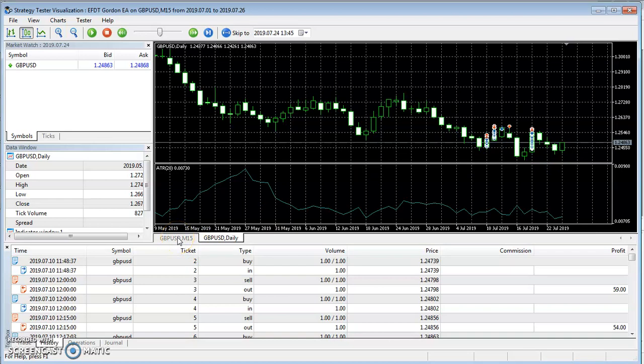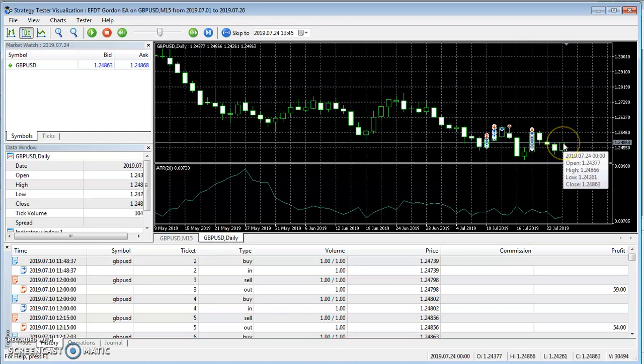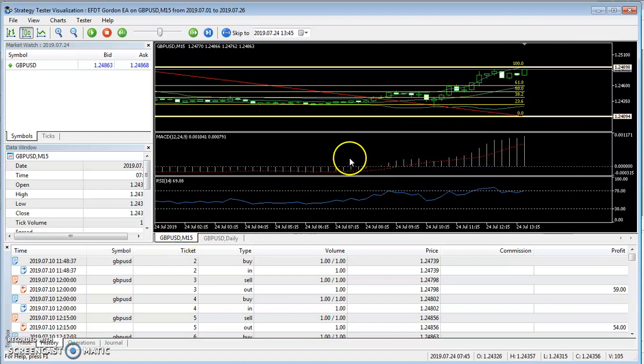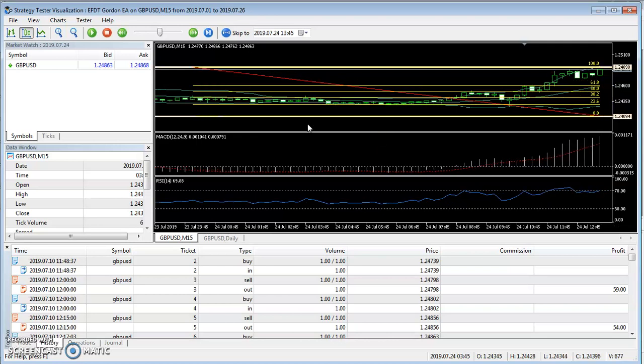So switching to the 15-minute time frame, we can see that we're in day July 24th, 2019. So switching back, we're exactly here in July 24th, 2019. And you can see the day's resistance, support, Fibonacci lines, the MACD is here, and the RSI.